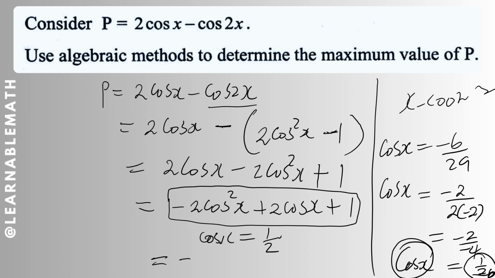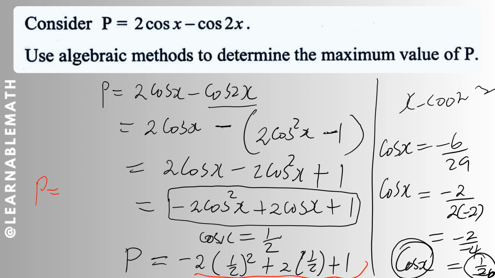So to get the maximum value of p, where there is cos x, I'm going to replace by 1 over 2 squared plus 2, I replace by 1 over 2, plus 1. Then you can just punch your calculator to get the answer. I'm just going to put it in red. The maximum value, when you punch this on your calculator, is 1,5. So that will be the maximum value of p.